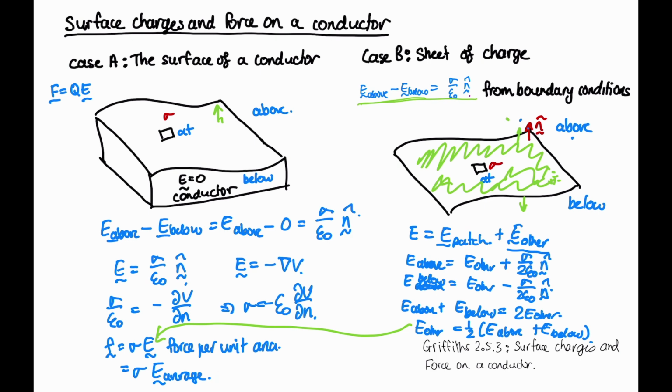So this tells us that for the case of the conductor, f is equal to sigma times a half times sigma over epsilon naught n. So this is equal to sigma squared, because we've got sigma times sigma, divided by 2 epsilon naught n. So that is the force per unit area on a part of the surface.